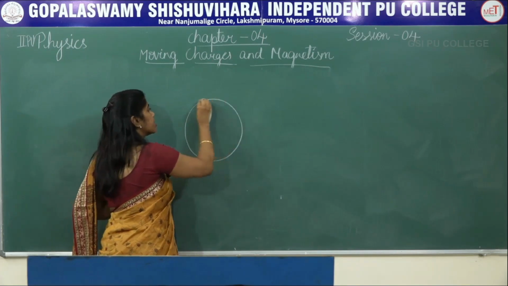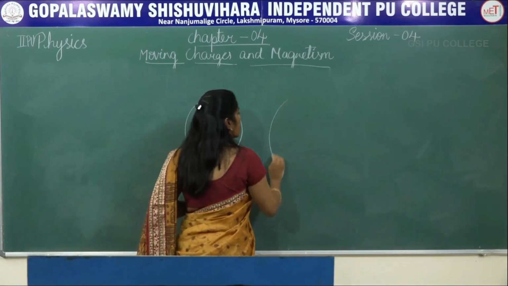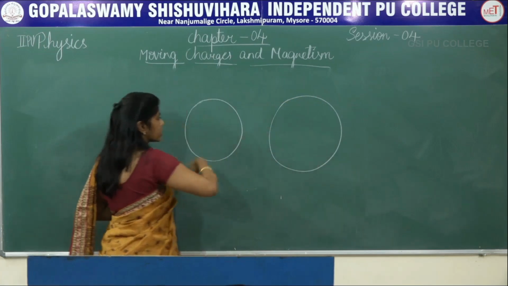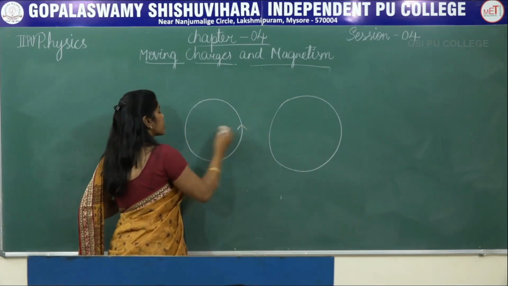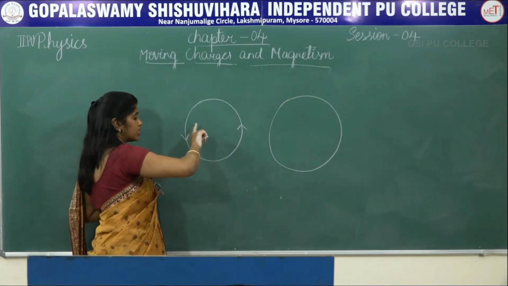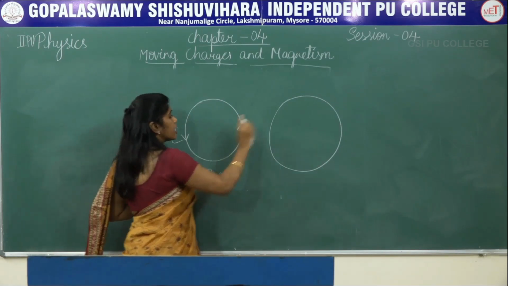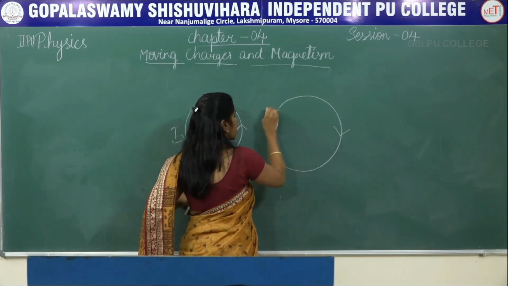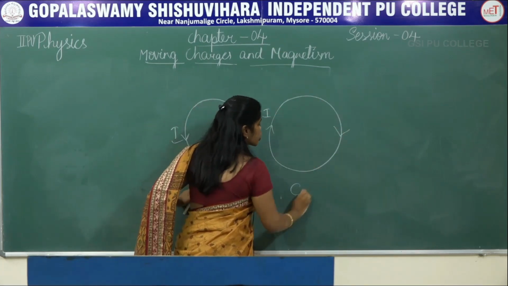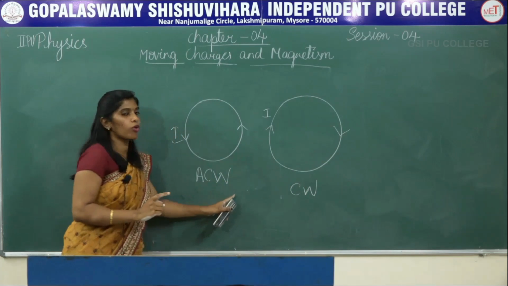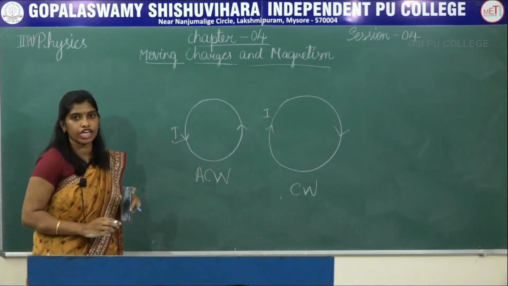So let me say this is a current carrying wire which is nothing but a circular loop. Here the current is in the anti-clockwise direction. And in this loop, I am going to write the current to be in the clockwise direction. This is anti-clockwise and in this it is clockwise direction.